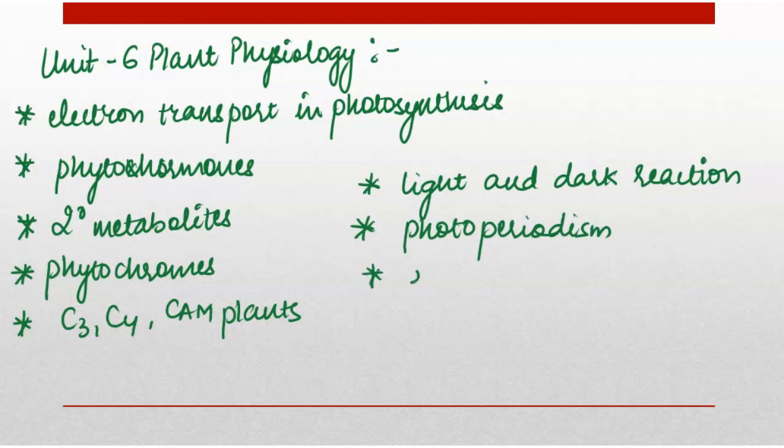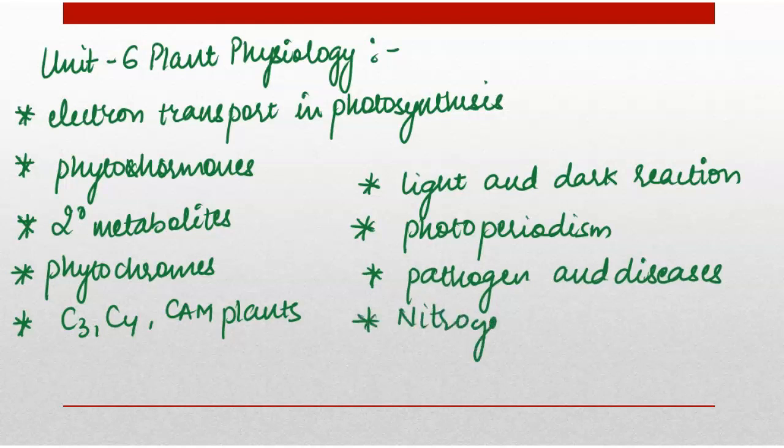Pathogens and the diseases they cause. Very important topic. Match the following. A lot of questions asked from this part. Pathogen and the diseases. Then is nitrogen metabolism. In nitrogen metabolism, questions are basically asked from the genes part.